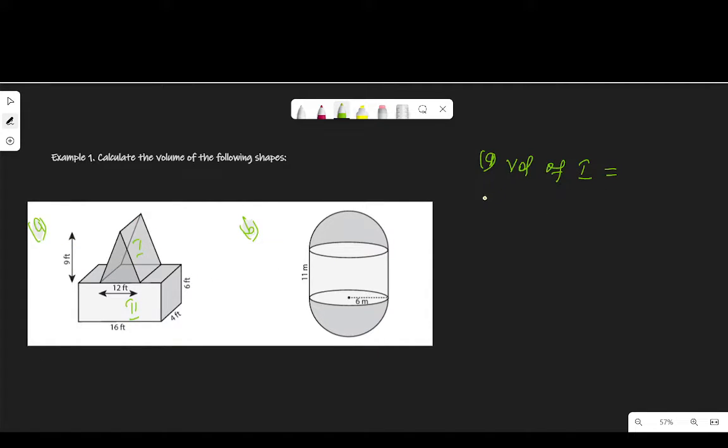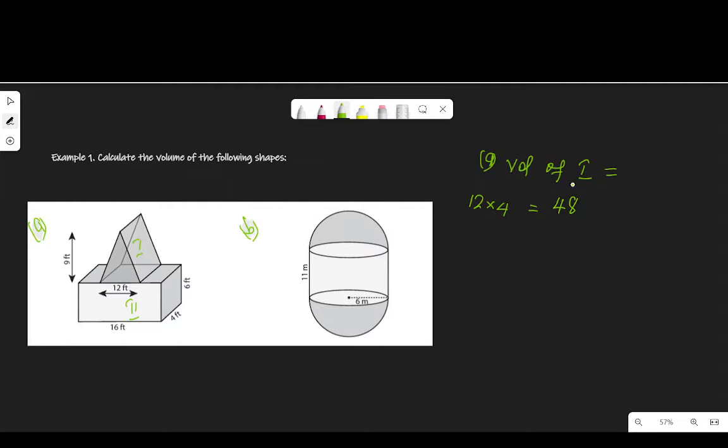So the area of a rectangle is length times width. The length is indicated here as 12 feet, and the width is this line right here, which is the same thing as this 4 feet here. The area of the base is 12 times 4, that is 48.